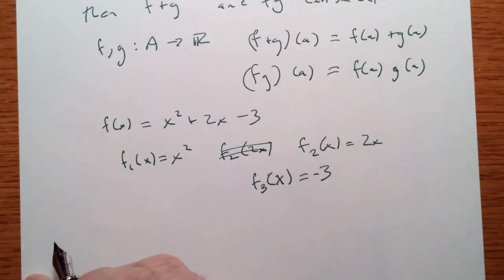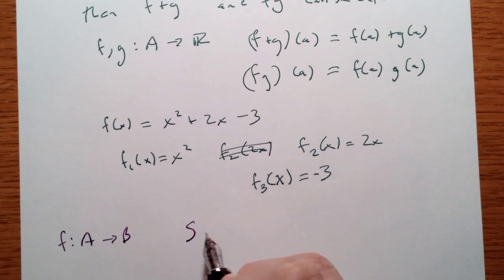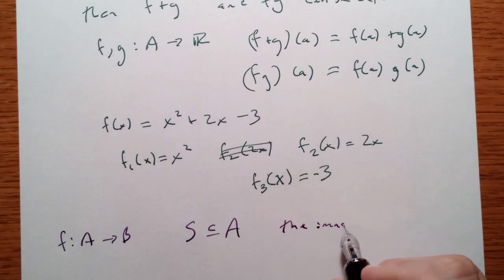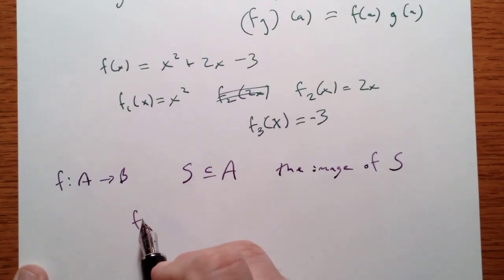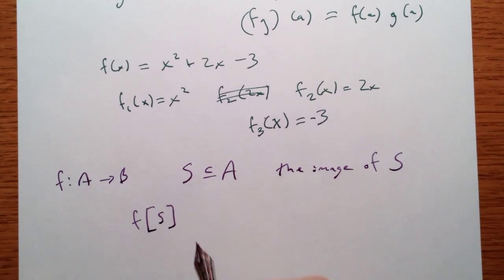Functions can also act on sets. So, for example, if I have a function that goes from A to B and I have S, some subset of A, then I could think of the image of the whole set S. F of, and to make the notation different, I'll put the square brackets around S. This is not always done.